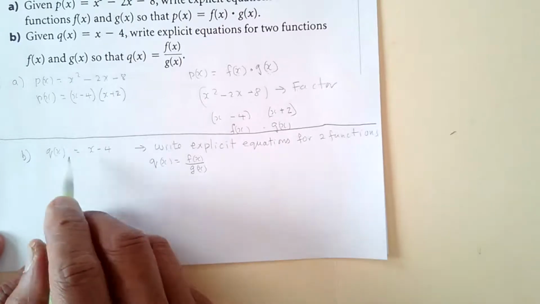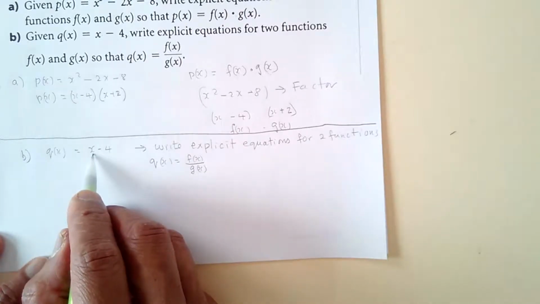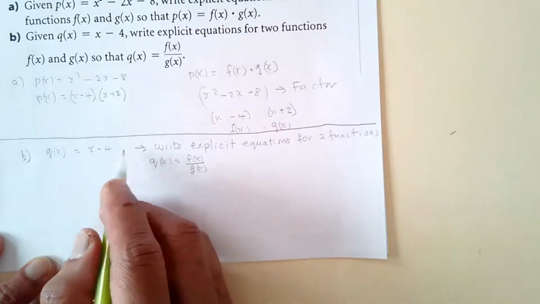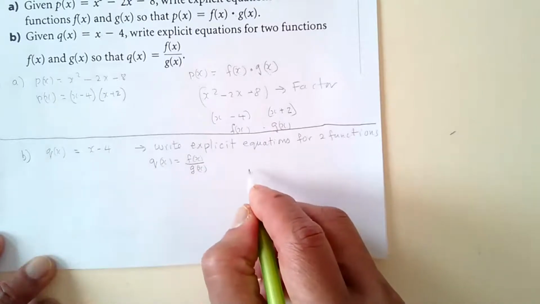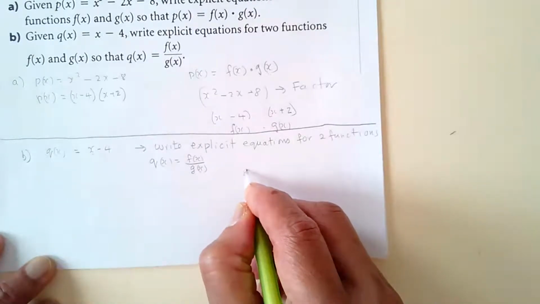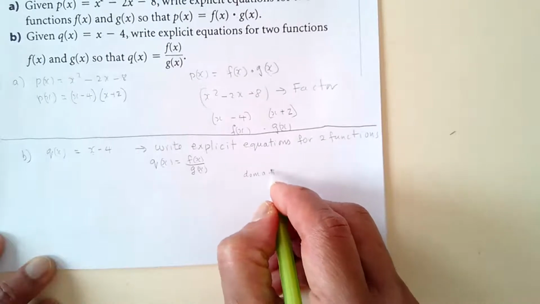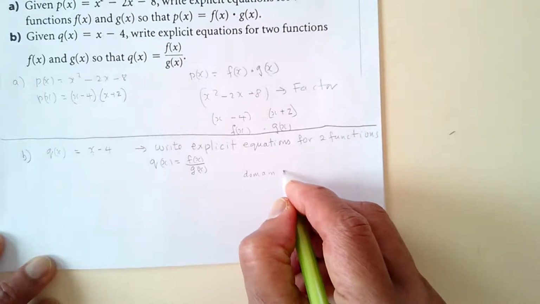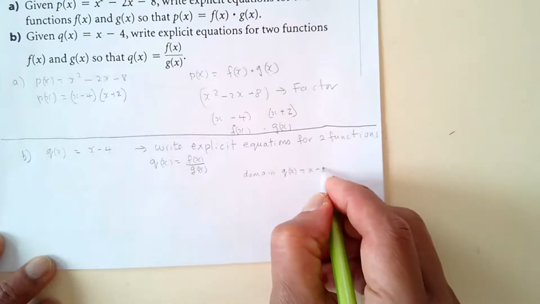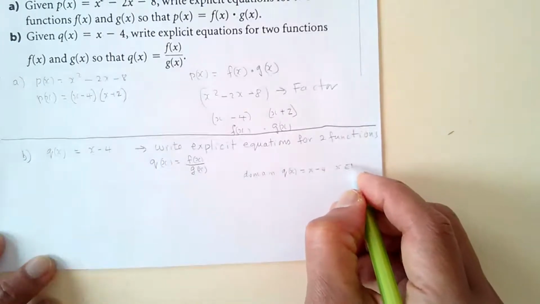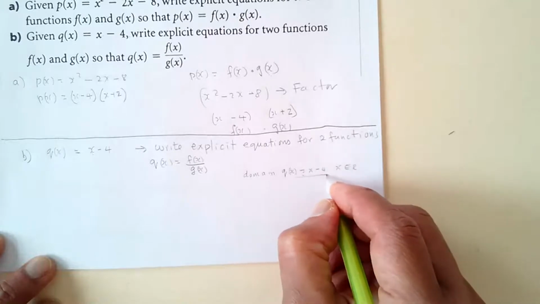So we know the domain for q of x, x minus 4, is all the real numbers. This is an equation of a straight line.